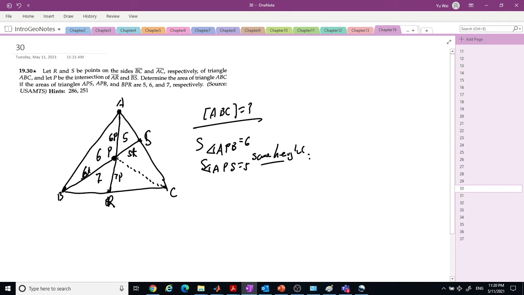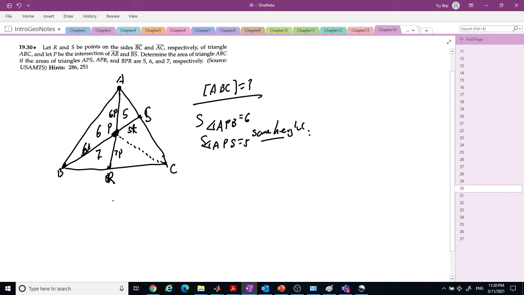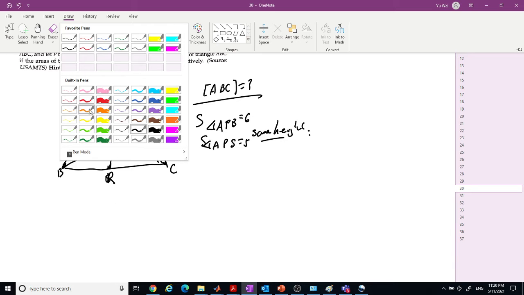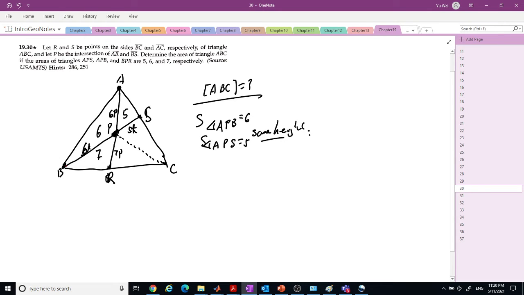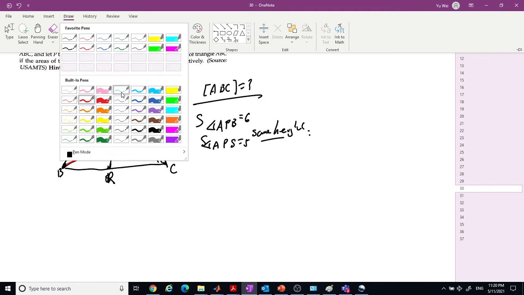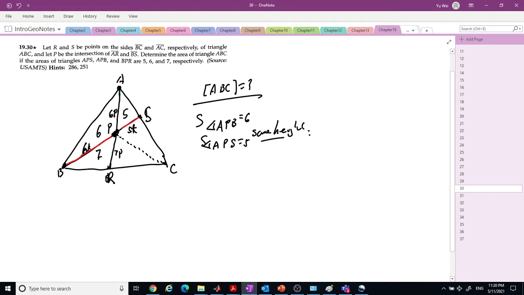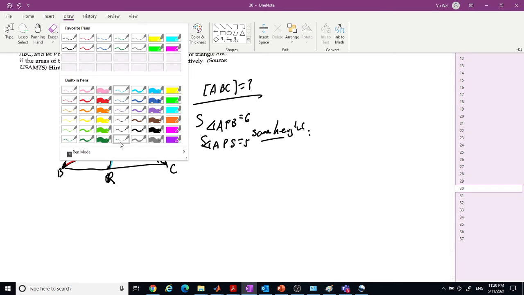So we still need to use the ratios. Because we know the ratio of this one and this one, and we know the ratio of this one and this one, we need to fully utilize it.